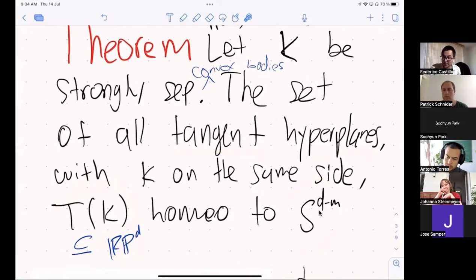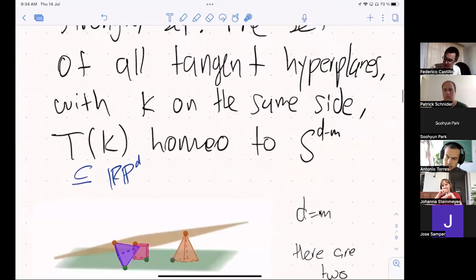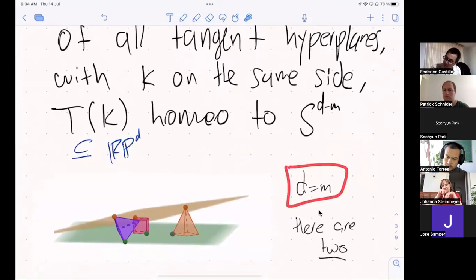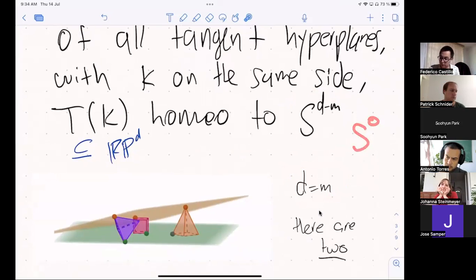This is the most general version. Let's try to see special cases. What happens if M is equal to D? Then this is saying that it is homeomorphic to S^0, which is 2 points. So what this statement is saying is that if you have D strongly separated convex bodies in R^D, then they will have 2 tangent hyperplanes.